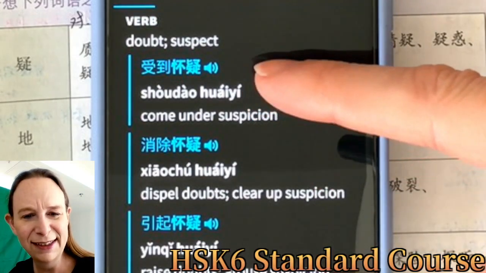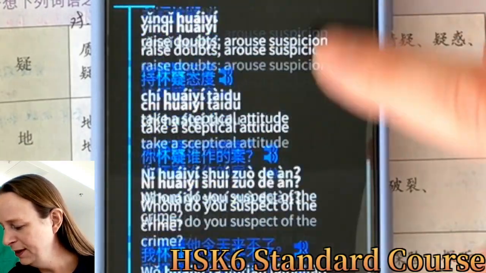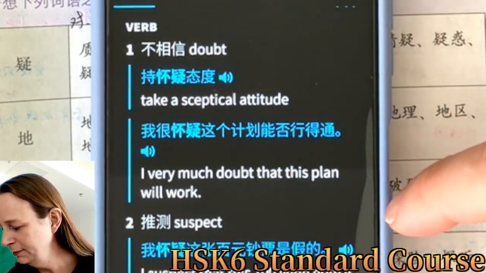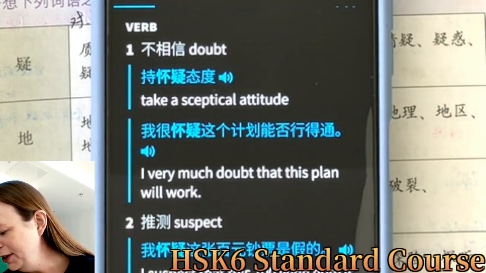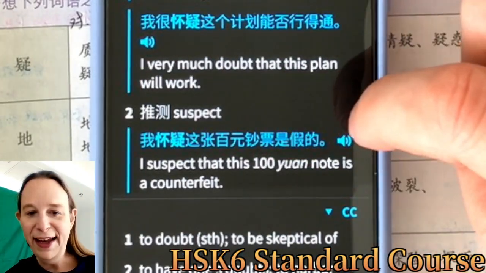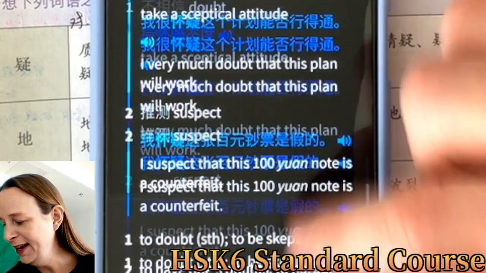Yeah, this feels... No, I guess you can 受到 a verb as well. I think it's a noun as well. 我怀疑这张100元钞票是假的. So this is, I suspect it's fake. Yeah, I suspect it's fake. So it's this one.